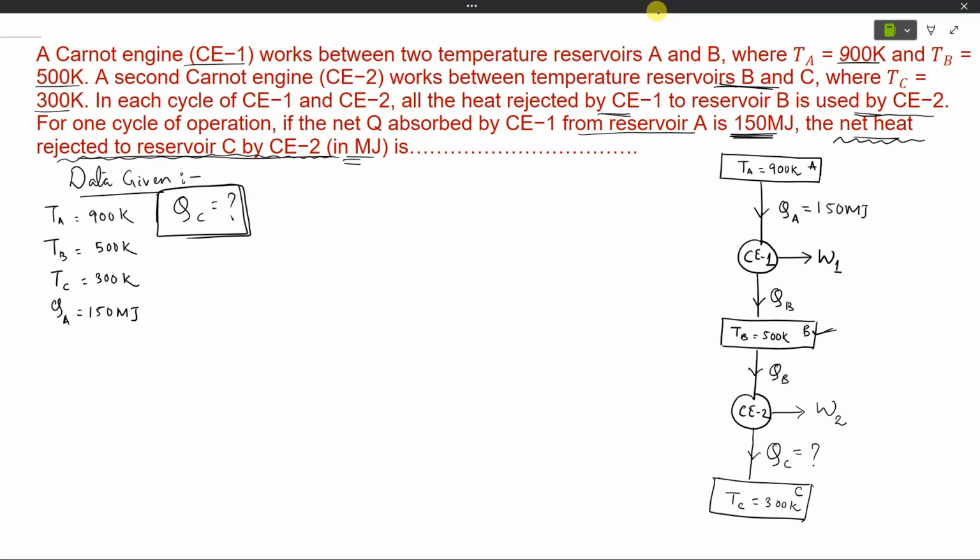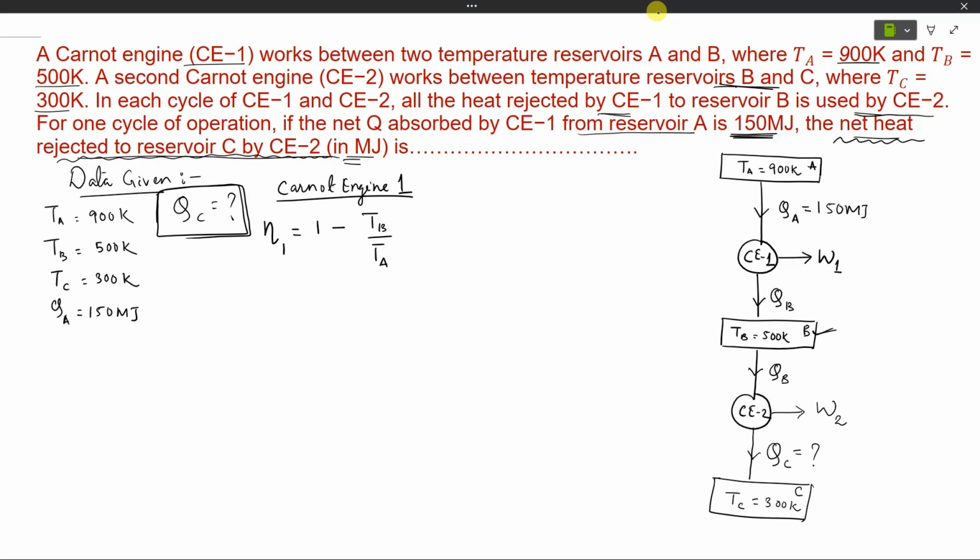Let's consider the efficiency of the Carnot engine. First we consider Carnot engine 1. For Carnot engine, the efficiency is 1 minus TB by TA.